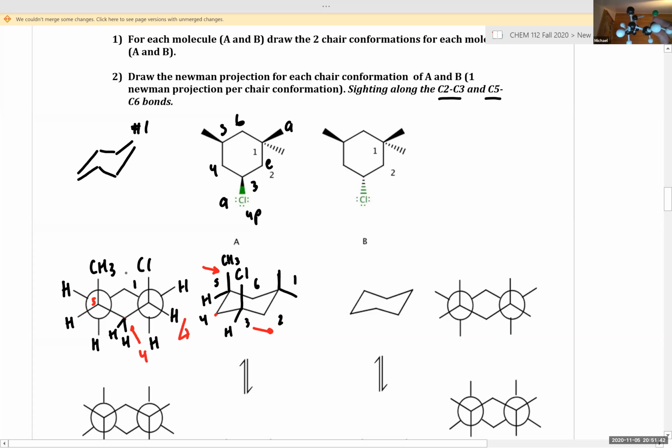And on carbon 1, we have both of our methyl groups. And as we can tell immediately, they're just bumping into everything. Okay, so we've completed drawing our Newman projection.